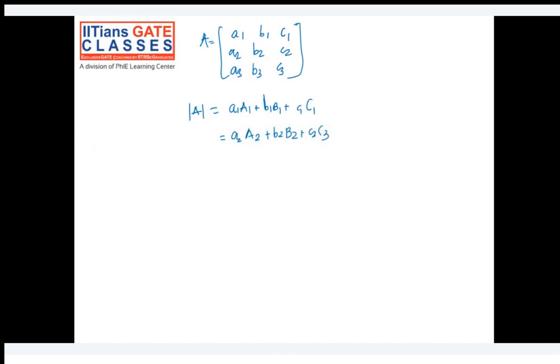So these are the different ways to calculate the determinant of the matrix. Is it clear to everyone? So in general, how do you write it directly?